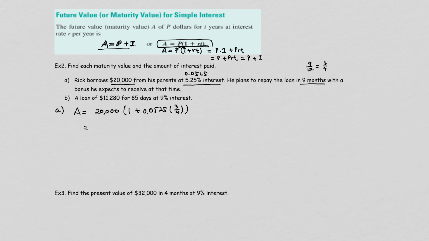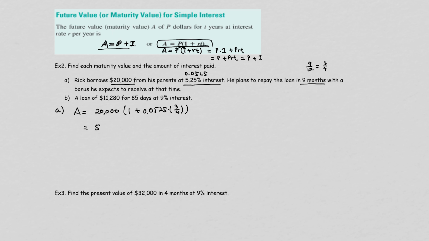When you plug all that into the calculator, if you want to put all the numbers in at once on your scientific calculator, you start from the inside out and do the multiplication first. So you do 3 divided by 4 first, then multiply by the decimal 0.0525. Then on that solution, you add 1 and then times 20,000.